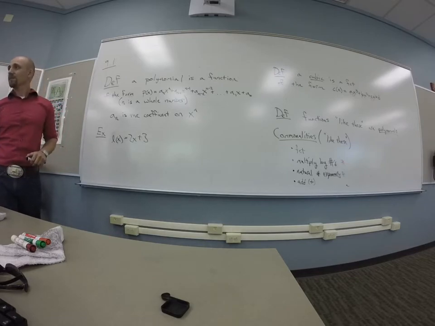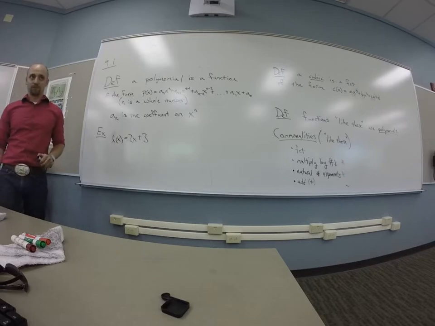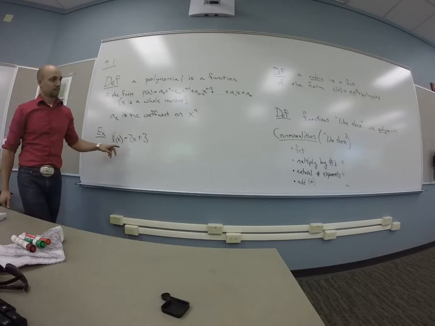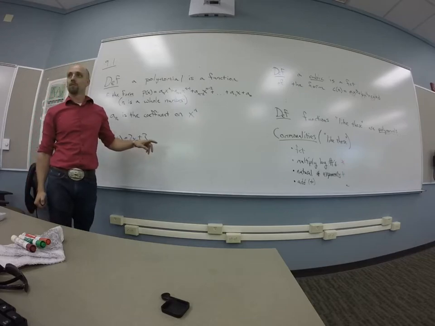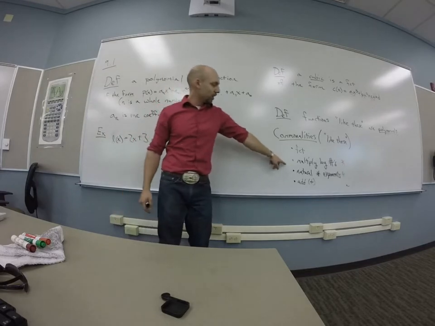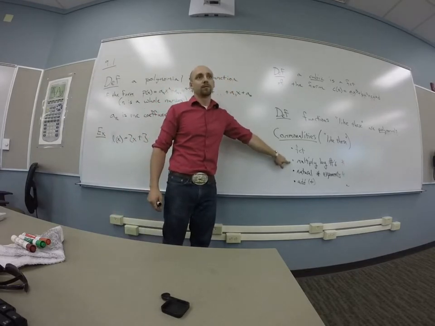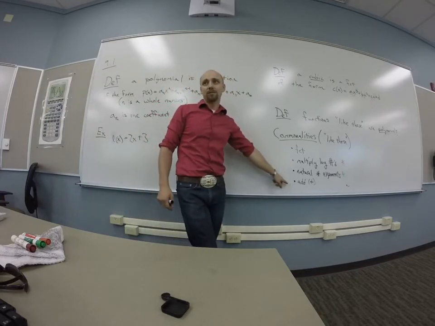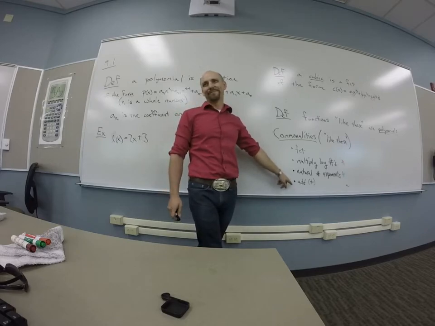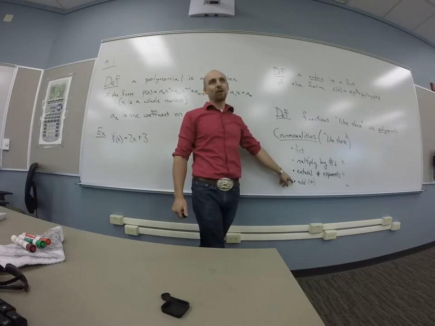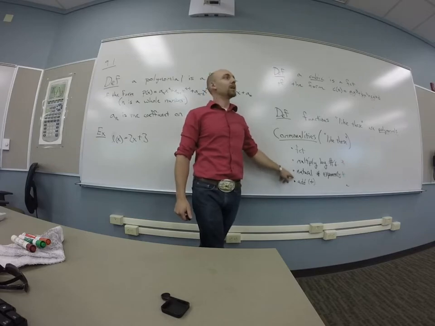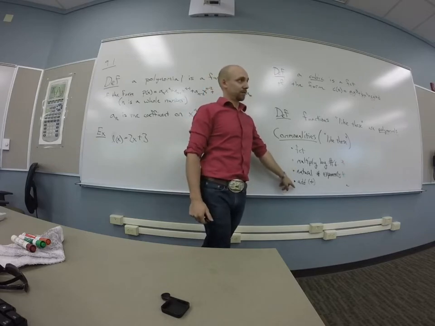Because it's a function, there's multiplication, and there's a natural exponent. You guys see that? Because it has only these three things. Does it need to have all three of these things to be a polynomial? No. We can get away with a couple of these. But it needs to have only these things. Okay?